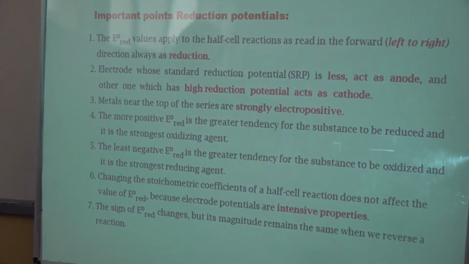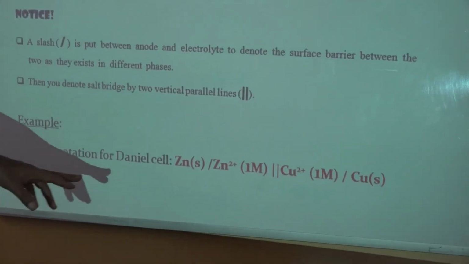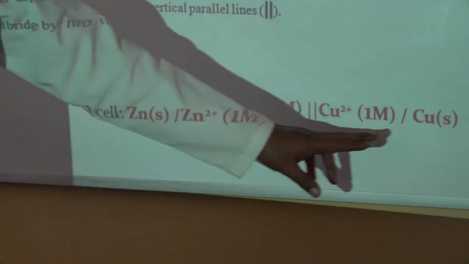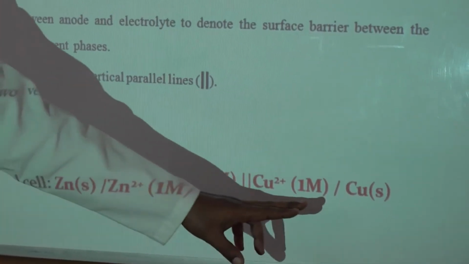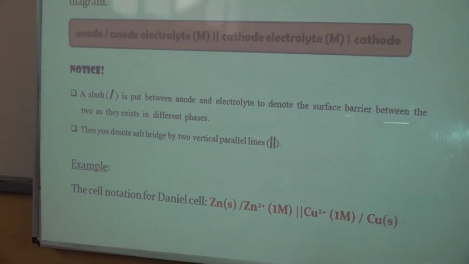For example, in the Daniell cell, we have zinc and copper. The chemical reactivity of zinc is greater than copper, that is why zinc acts as the anode, and copper is the cathode.